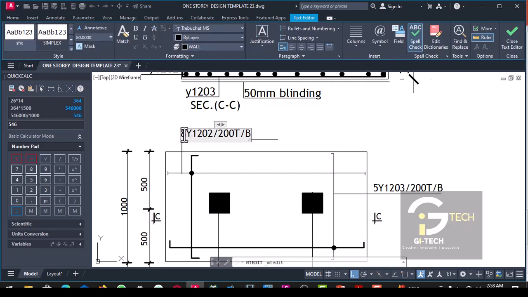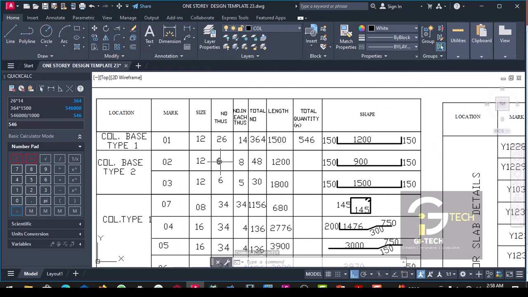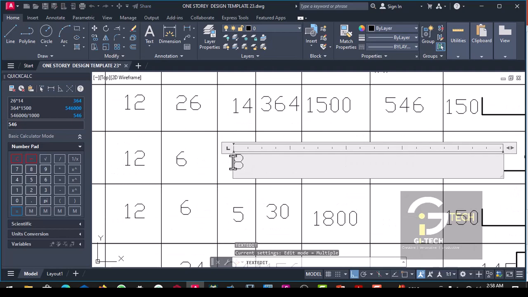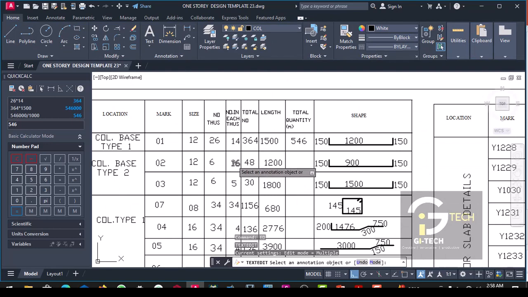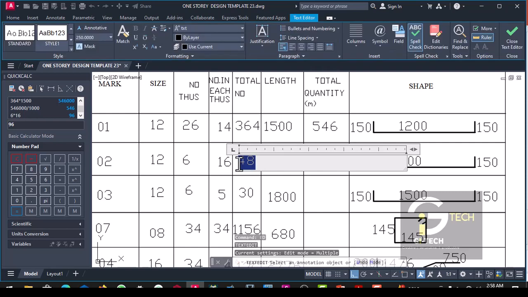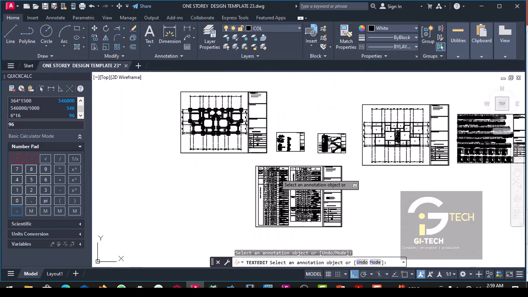So this will give us 2 times 8, which is 16. Okay, so 16 times 6 will give us 96.